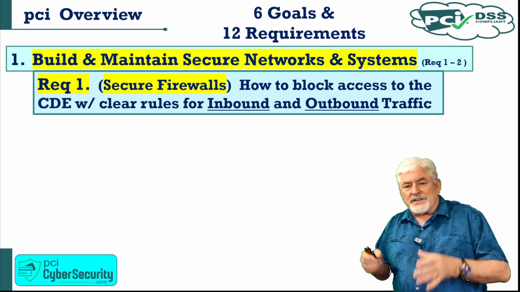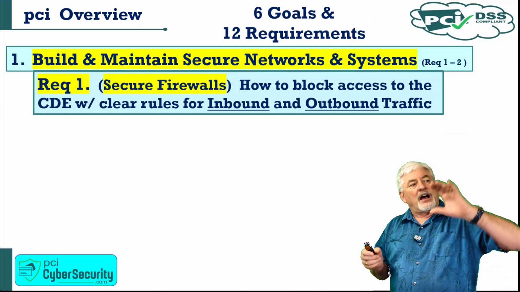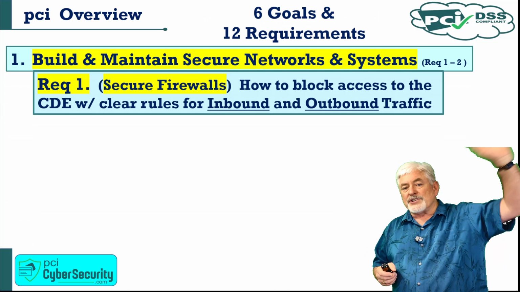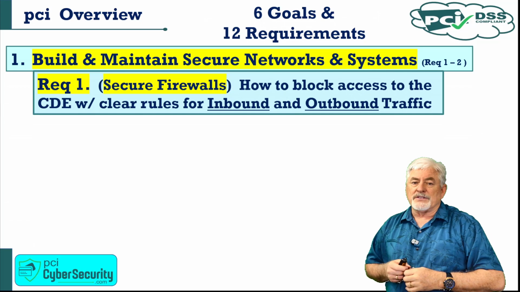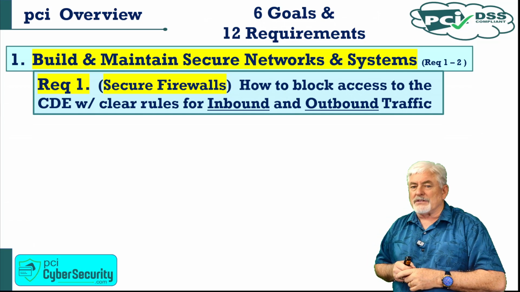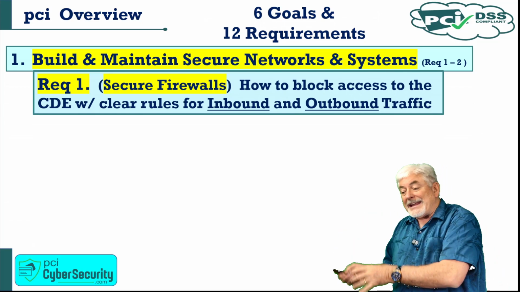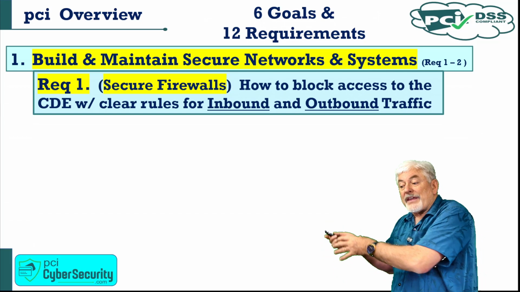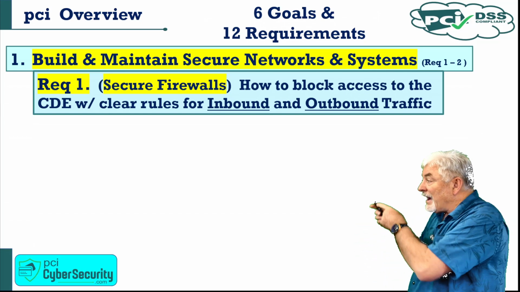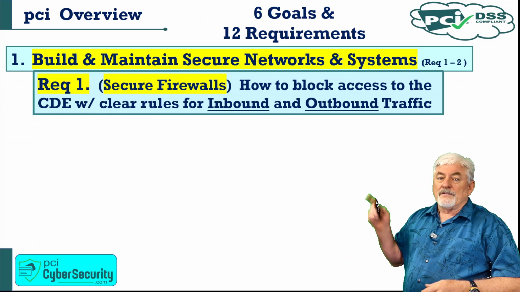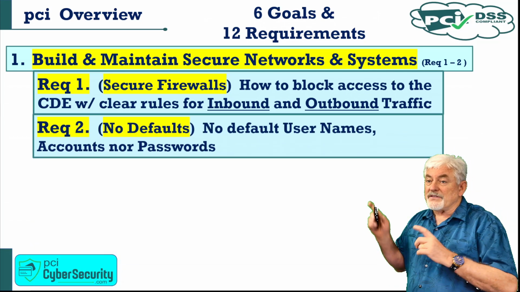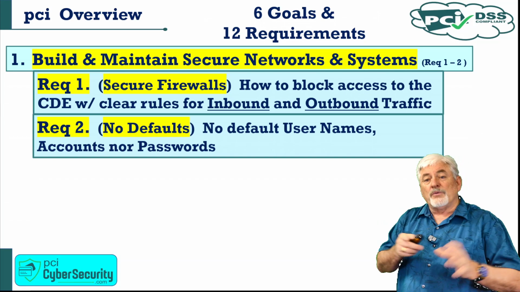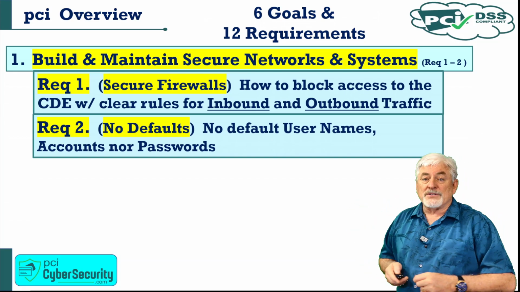The largest risk you have is not a Ukrainian hacker or a Russian hacker getting into your system. It's probably a disgruntled employee who can get in. But then the question is, if they can get in because they had authority, are they able to send anything out? And not if you've locked down traffic for outbound. Okay, so it's very important. This is both clear rules for inbound and outbound traffic.